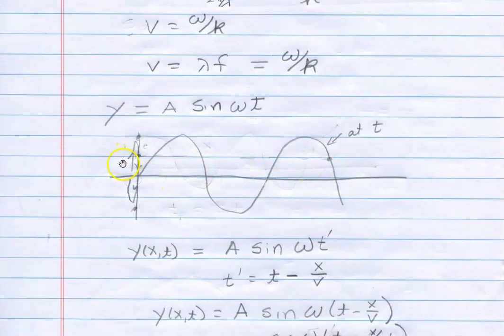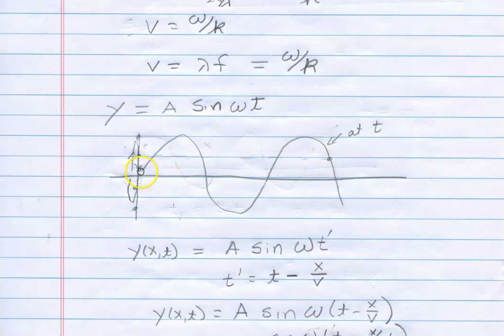Let's suppose that I take a picture of this wave, and I'm out here at this point x, looking at the x value away from my origin, and this is at time t. And I know that what caused that was the oscillator that was producing the wave being at that point some time ago.